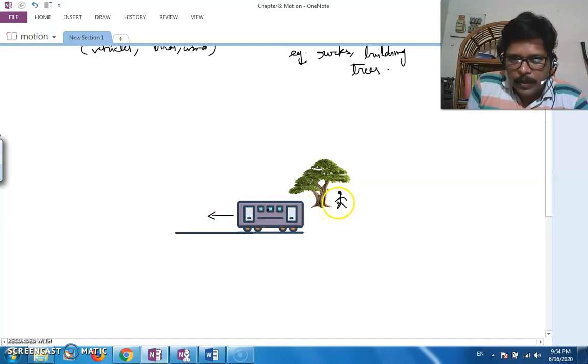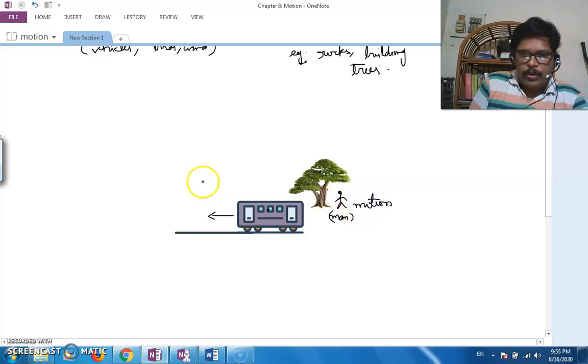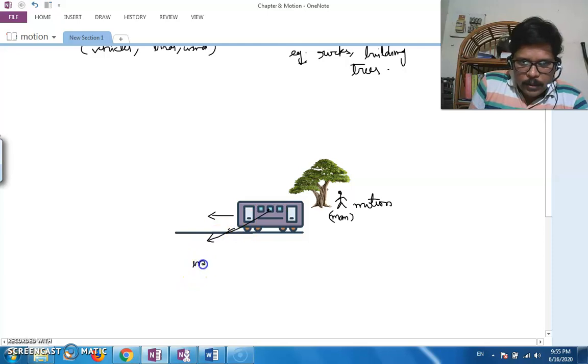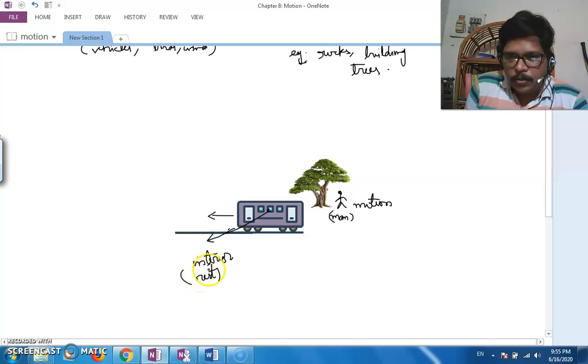Now, for this man who is outside, the train and you appear to be in motion. From the man's point of view, you are in motion, but you are sitting inside the train. With respect to the interior, the fans, the seats, and the co-passengers, since you are not moving, you are sitting, you are at rest.